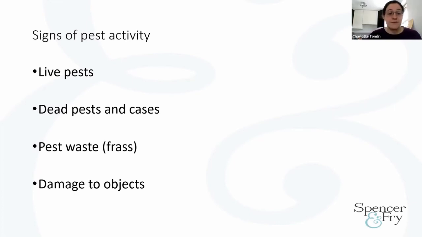And most pests leave behind a trail of frass, the little pellets or little grainy frass, and these will be near, on or below objects, which can be quite visible. And then obviously you've got the last sign of pest activity, which is actual damage to objects. This can be harder to spot if you've caught it early, but it's always worthwhile checking vulnerable objects quite regularly to see if there's any damage.